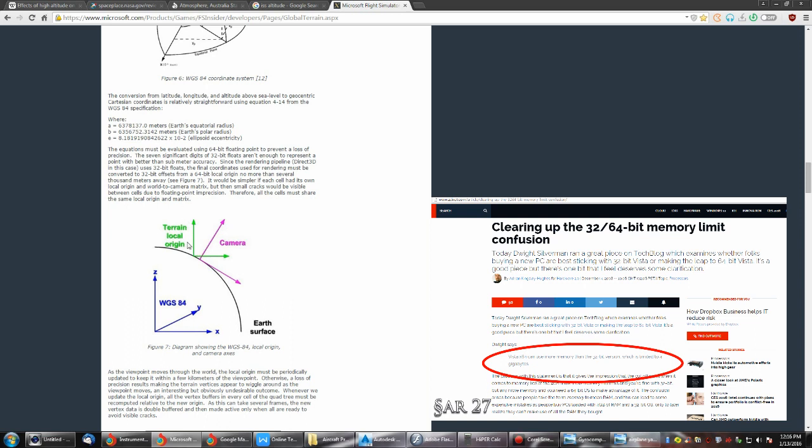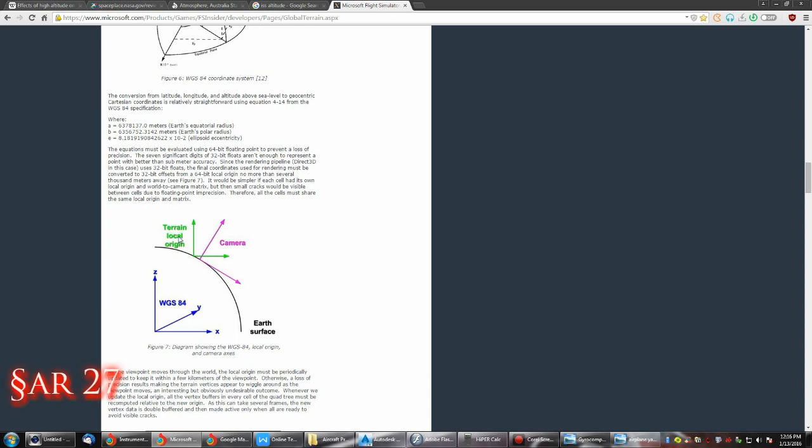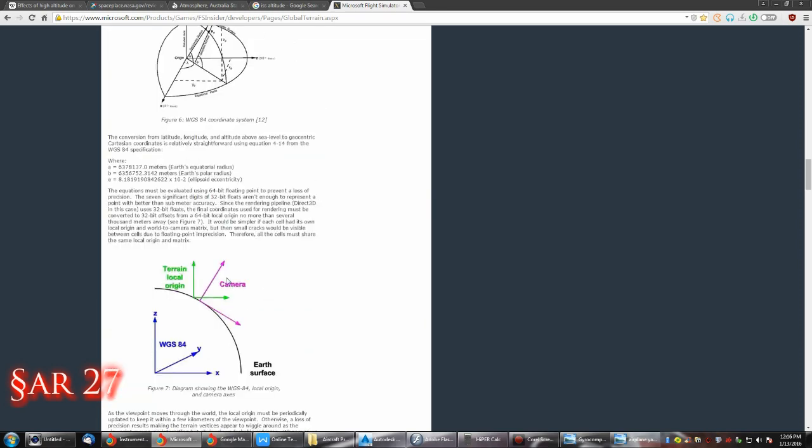And here we have a terrain local origin, which is telling you this is the terrain of the triangular mesh. It's intended for flat Earth, and it has a perfect 90-degree angle. And then it tells you that it has a camera looking down somewhat.